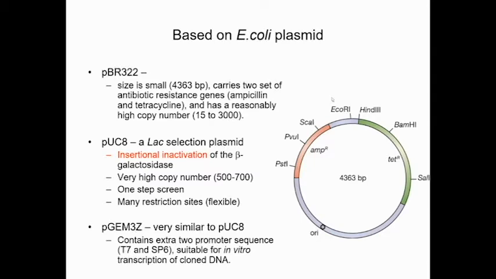The first one is called pBR322, a small size of 4.3 kilobase, and it carries two different antibacterial resistance genes: the ampicillin resistance gene and the tetracycline resistance gene. It also has the origin of replication, and the sites PstI, PvuI, ScaI, EcoRI, HindIII, BamHI and SalI, which are the cloning sites.